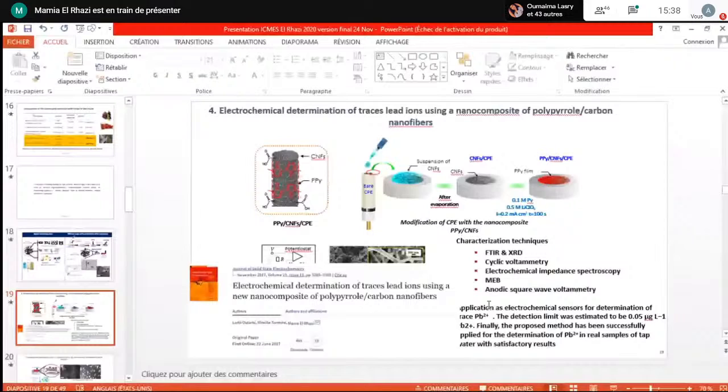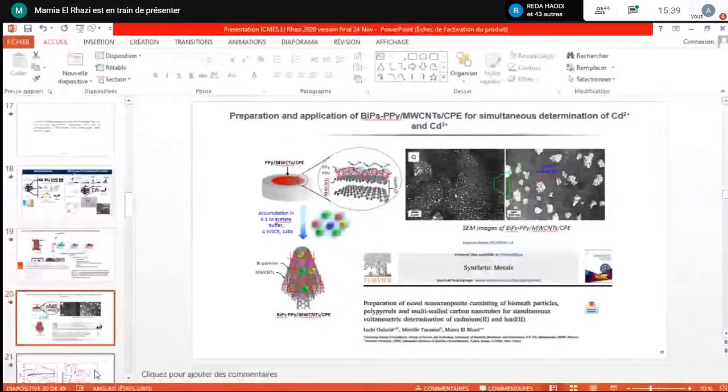The second sensor prepared concerns the preparation and application of bismuth film combined with polymer and multi-walled carbon nanotube for simultaneous determination of cadmium and lead. For this, we use the same strategy or the same approach.